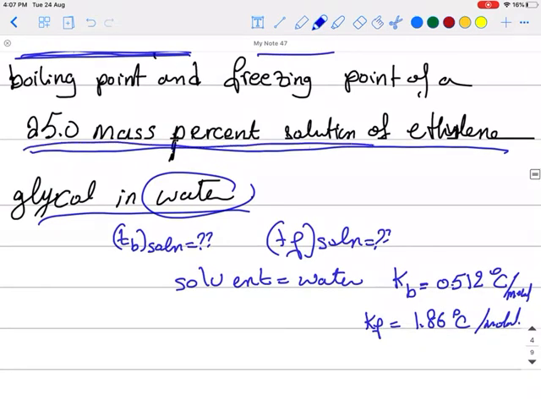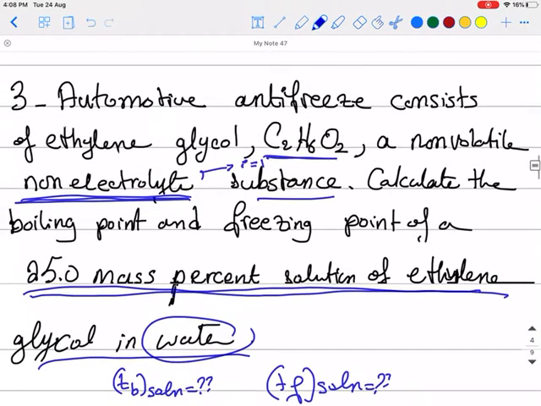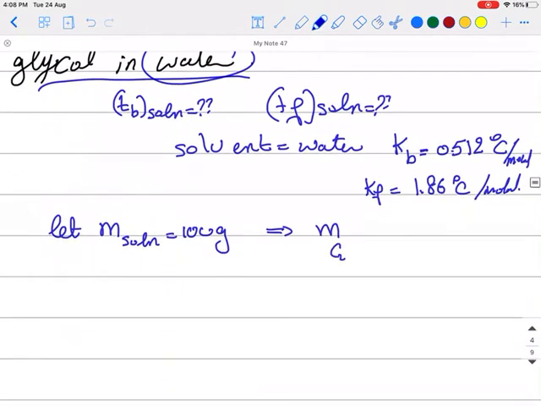Okay, I have a 25 mass % solution of ethylene glycol. So I can say let the total mass of the solution be 100 gram. If this is true, as we assumed, it means that the mass of ethylene glycol, C2H6O2, equals 25 gram. From this information, I will be able to find the mass of water.